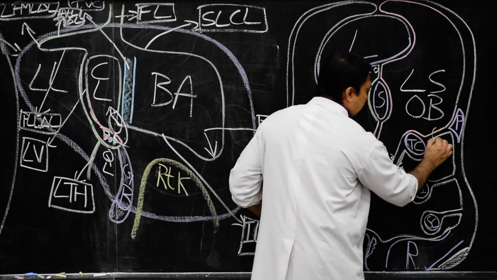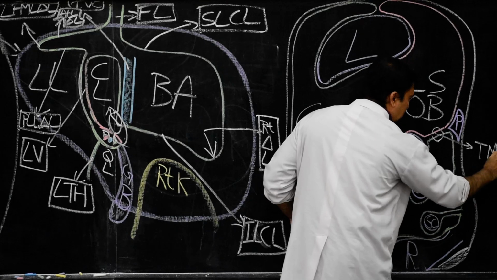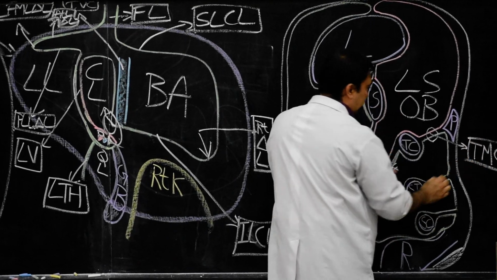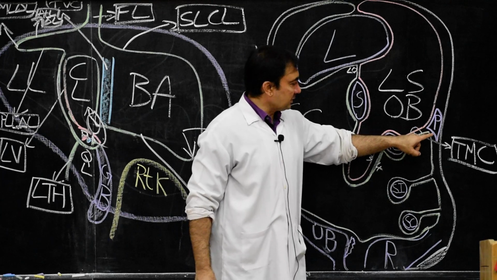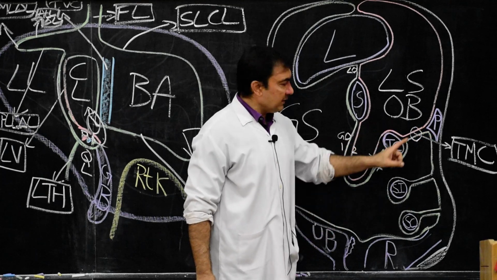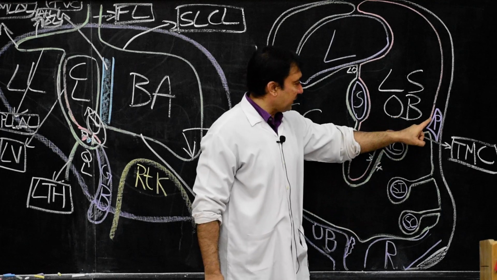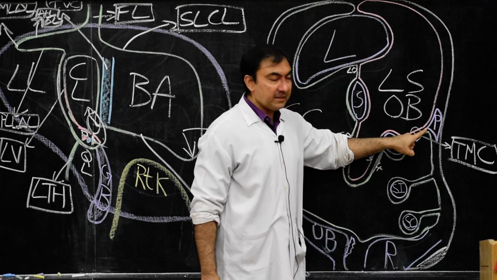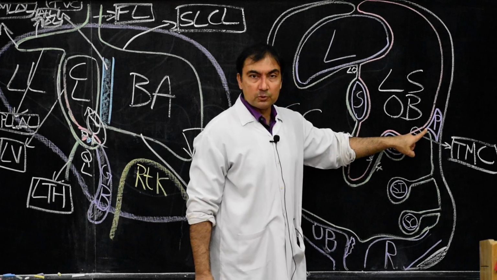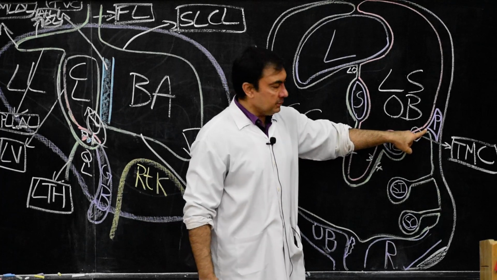So this portion here is called transverse mesocolon, continuing as inferior layer of the transverse mesocolon on the posterior abdominal wall. Behind the transverse mesocolon is the pancreas. On the anterior border of pancreas is the attachment of the root of the transverse mesocolon, where my finger is.